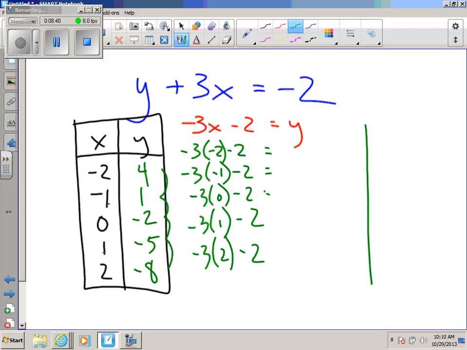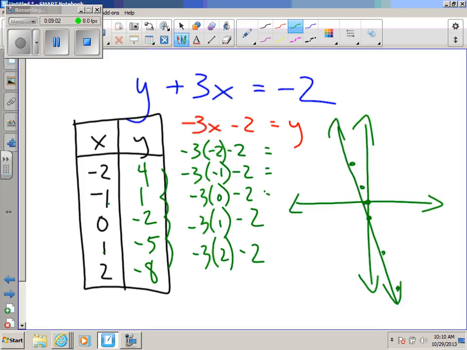Okay, so if I got negative 2, 4, negative 1, 1, 0, negative 2, 1, negative 5, and 2, negative 8, your line should go somewhere like that, right? Somewhere in that neighborhood. Yeah. Okay.